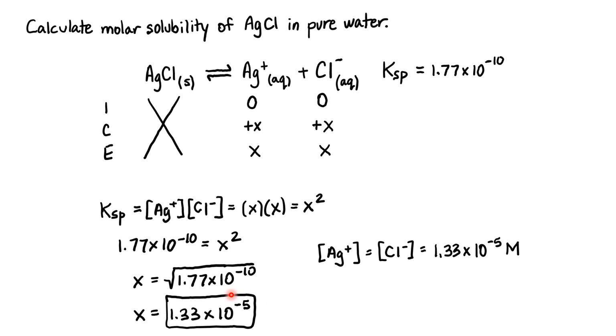This is the amount that's going to dissociate in solution. Obviously there's a molarity in front of this. So here it is: the concentration of silver and chloride, because they're in a 1-to-1 ratio, are going to be the same amount, which is 1.33 times 10 to the negative 5 molar.